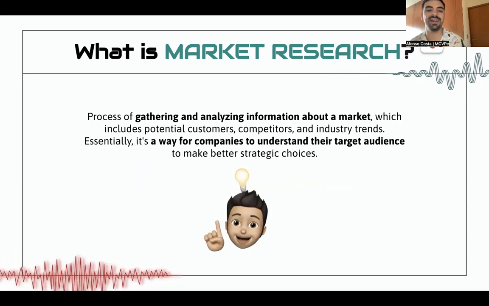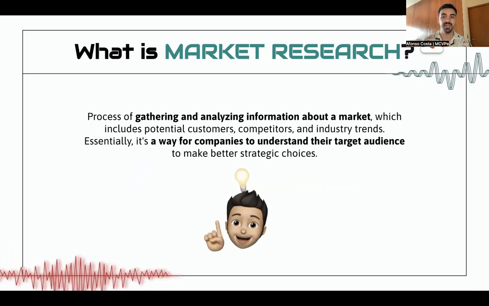so here we have a fast definition. It is a process of gathering and analyzing information about a certain market. And the purpose for us to gather this same information is for us as Isaac, or a company in the outside world of Isaac, because it also exists, to have better strategic choices.